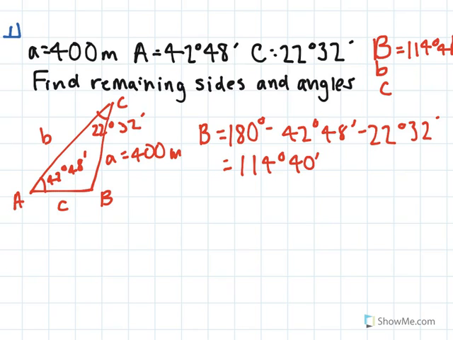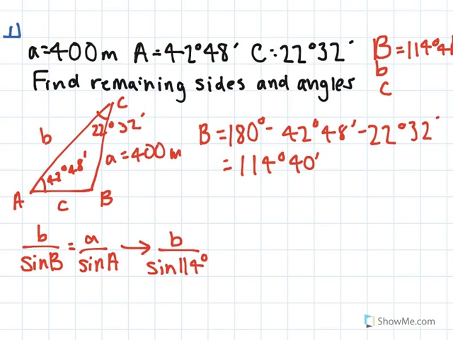Because we have our side length a, we can use the law of sines to determine the rest of the side lengths. We know that b over sine B equals a over sine A. Again, we have one side measure and all of our angles, so it's convenient to use law of sines. So b over sine of 114°40' equals 400 over sine of 42°48'.